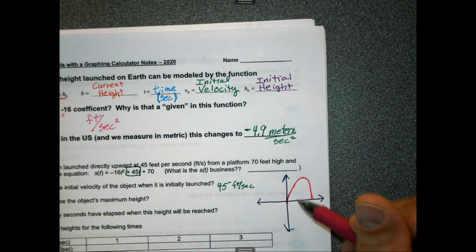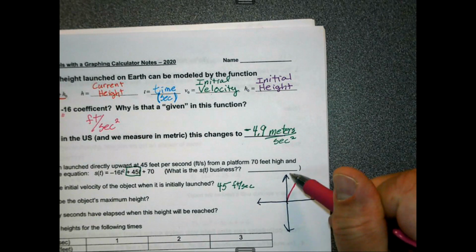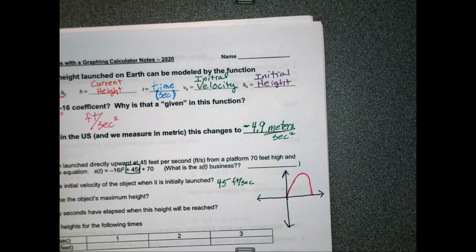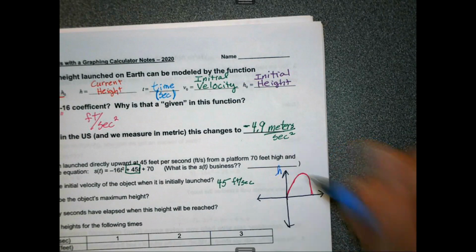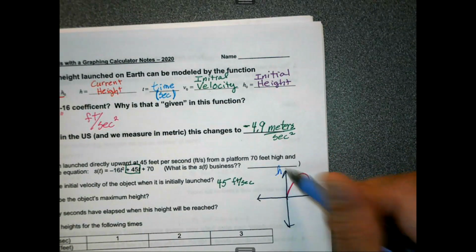So that means that this axis, we don't call it the y-axis. It's our height. So this is our height, or our h axis, right? Well, if that's our height, we start here. We're going to go up.